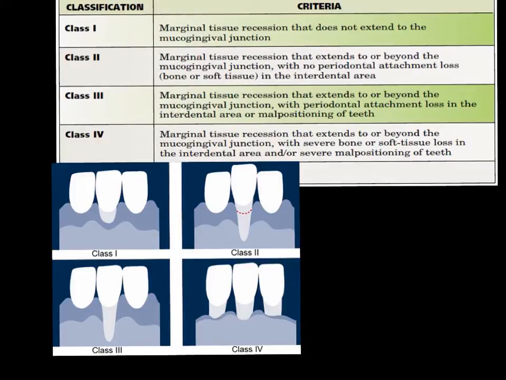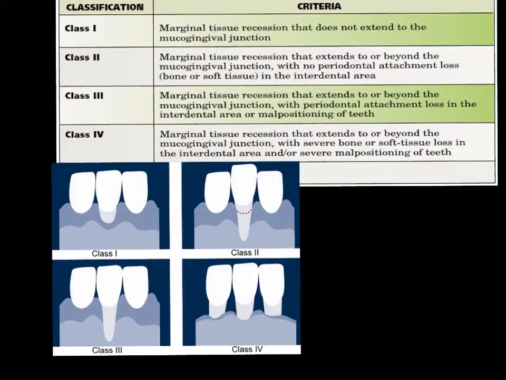So the Class 1 and Class 2 have a good prognosis, while Class 3 gives partial improvement in restoring the recession defect, while Class 4 is hopeless and surgical intervention is unlikely to be done.